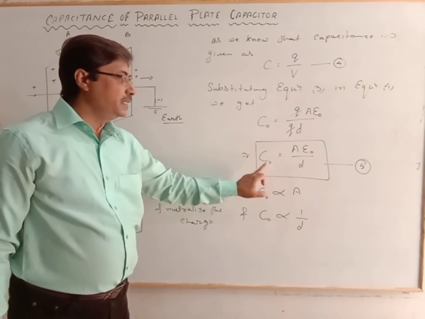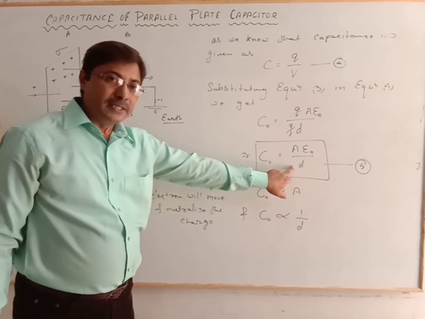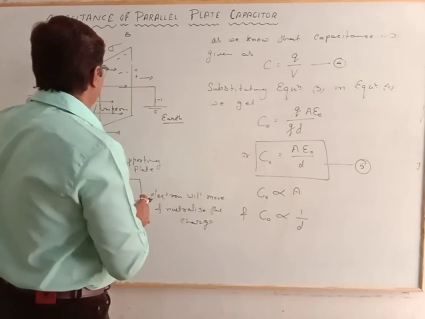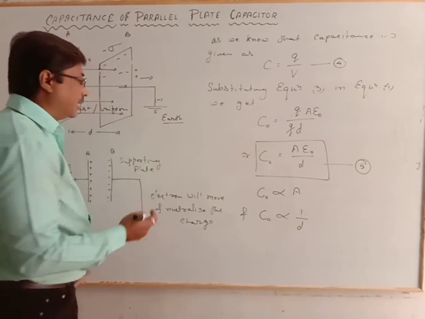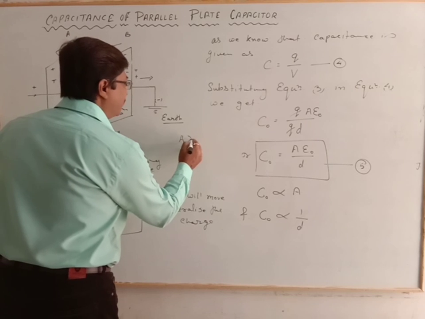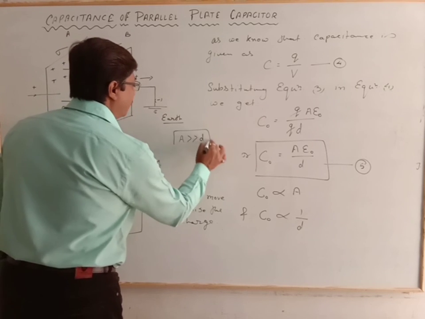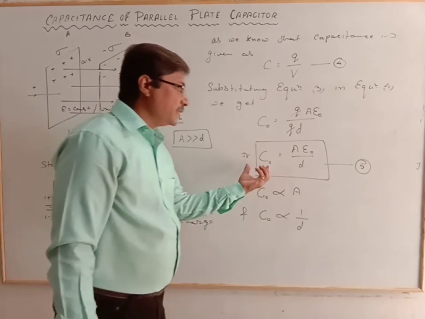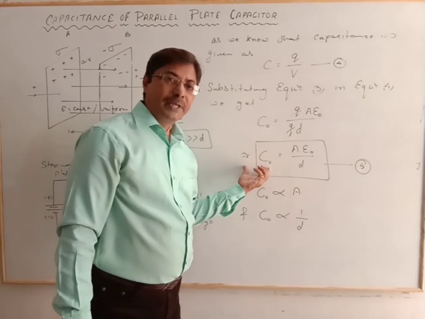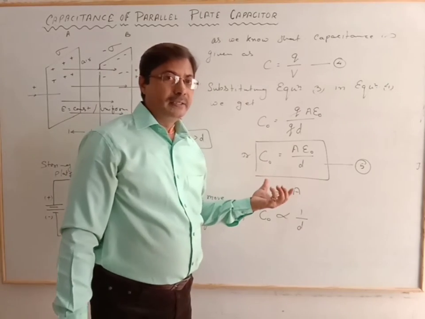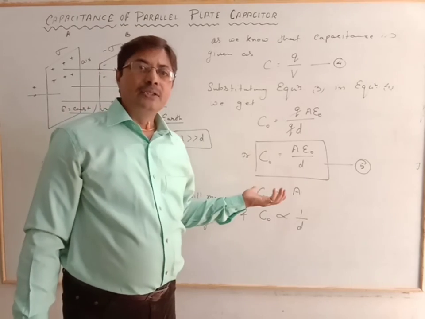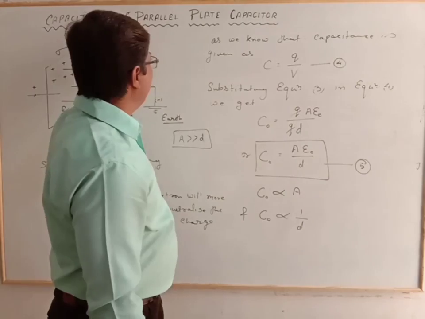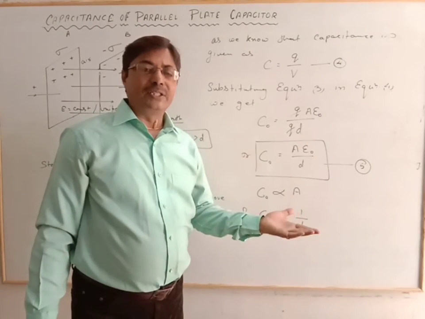When the area increases, the capacitance increases, and when the distance decreases, it increases too. That is why I said in the earlier class that the area is much greater than the distance among the plates, to increase the capacitance of the parallel plate. I think you now understand all these things. Next class we will discuss further the behavior of the parallel plate, whether with the dielectric or any other.